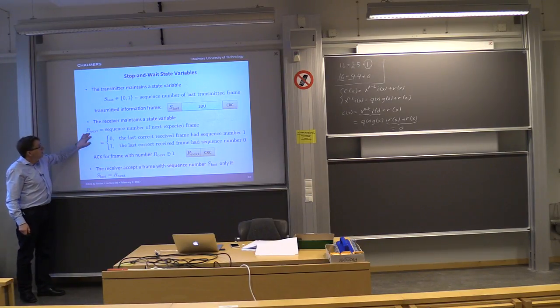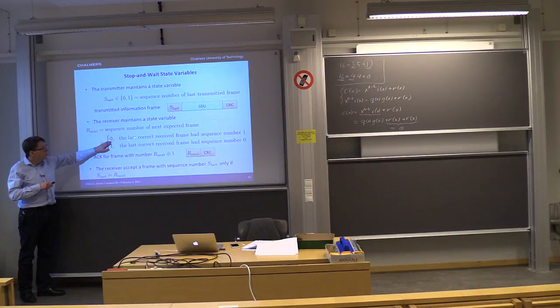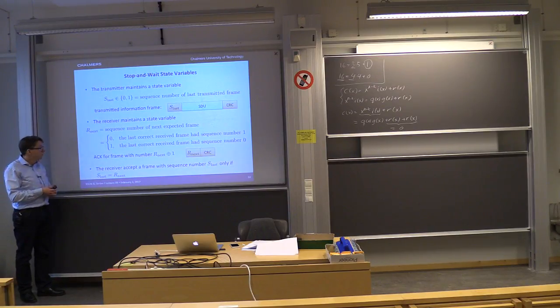The receiver maintains a state variable, which is the sequence number of the next expected frame. It will be 0 if the last correctly received frame had number 1, because then it expects 0. It will be 1 if the last correctly received frame has sequence number 0. So it will toggle between these two values, just as the transmitter will toggle between 0 and 1 depending on which frame it has sent.